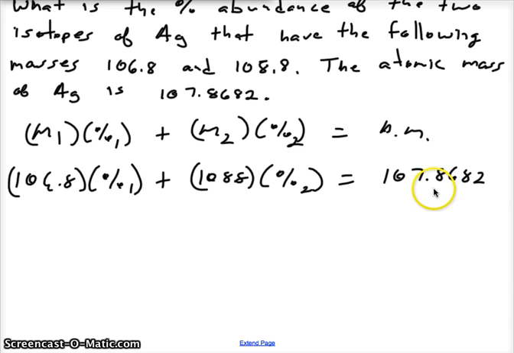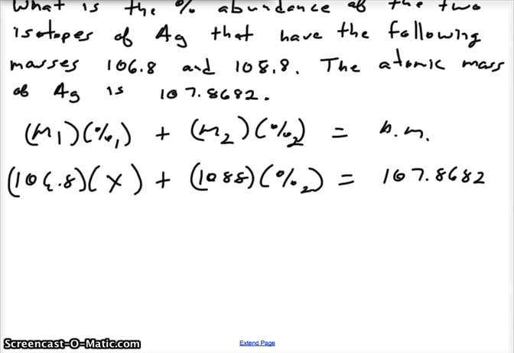So here's the deal. Percents add up to 100. And so whatever the percent here is, if we make this percent 1 X, well, this X plus this one must equal 100%, or in fractional decimal format equal 1.